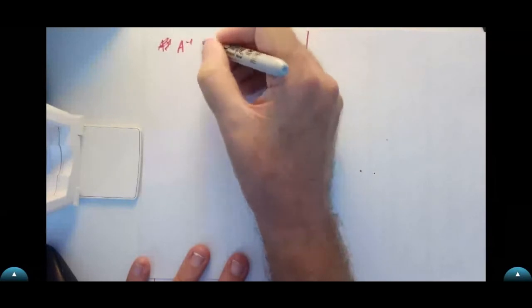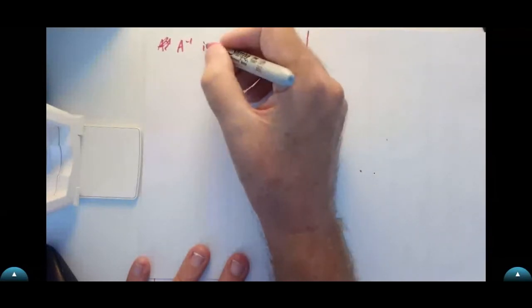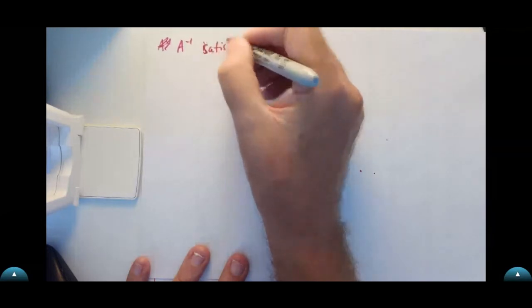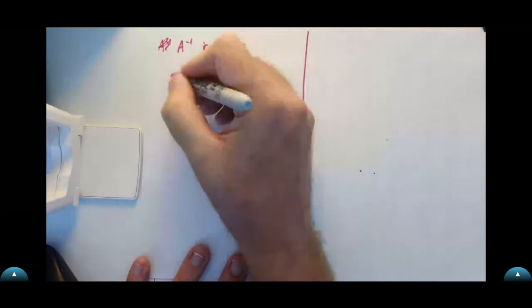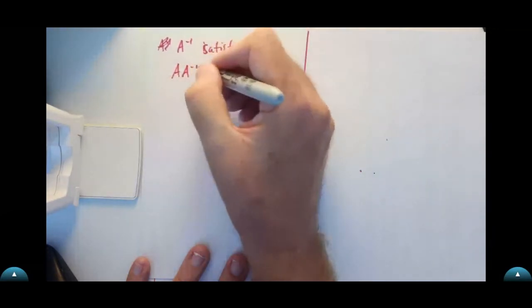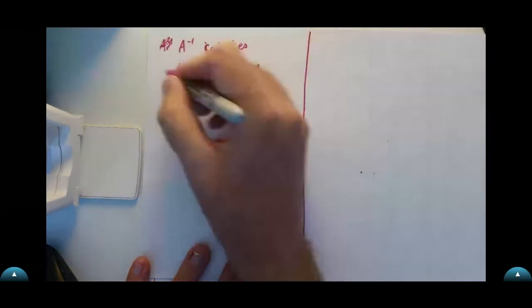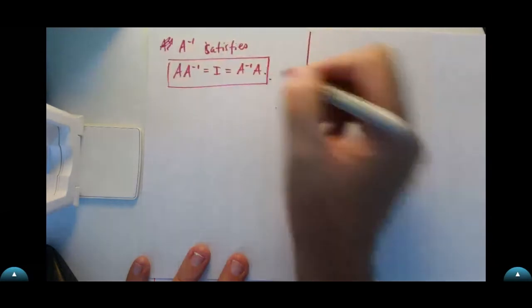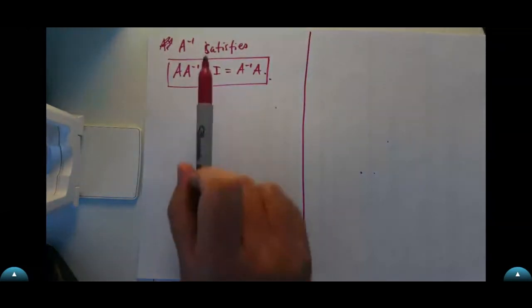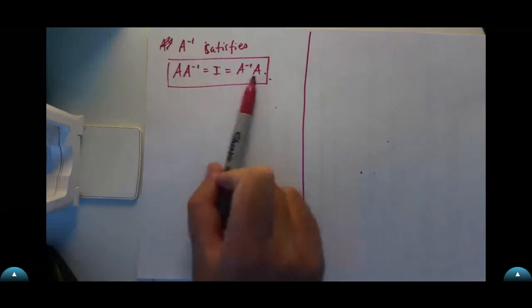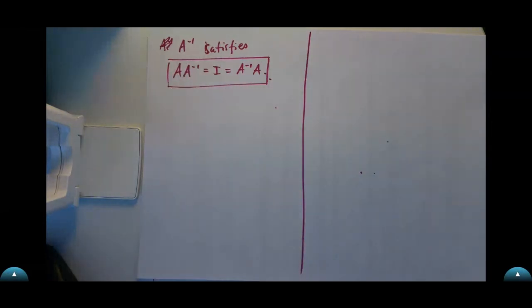A inverse satisfies A times A inverse equals the identity. If you have a matrix A and you want to compute its inverse, this is what has to be satisfied.